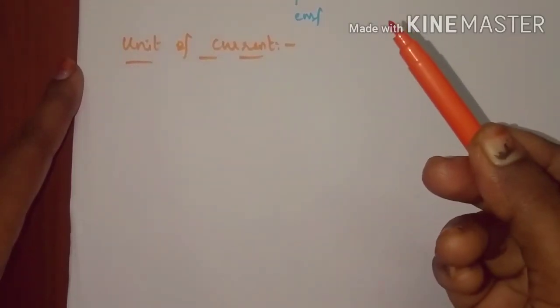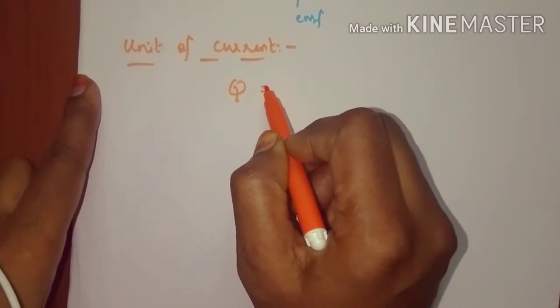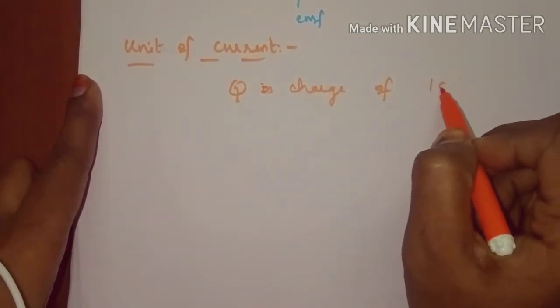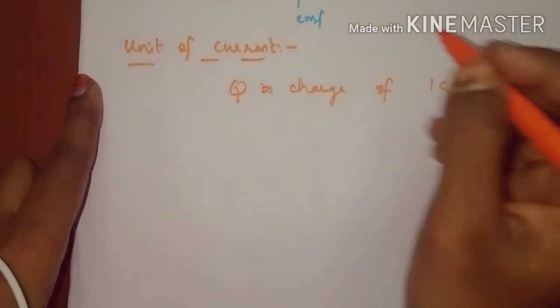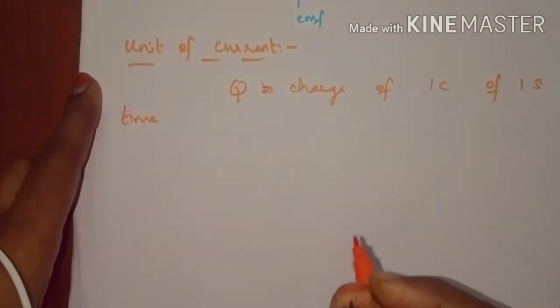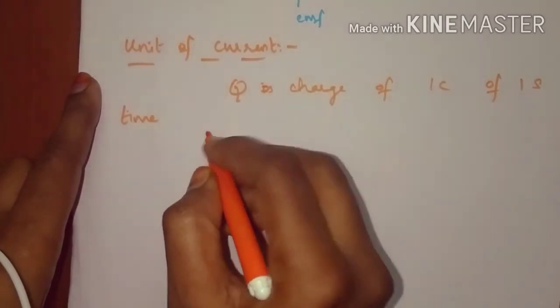Unit of current. How has the current been produced? It is due to the movement of charges. Assume Q is a charge of 1 coulomb that flows in the conductor in 1 second. Now let us see the current equation and find the unit of current.